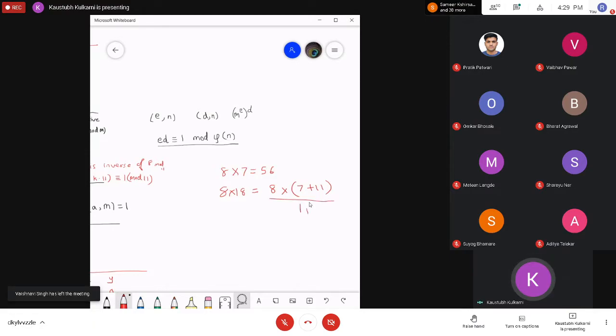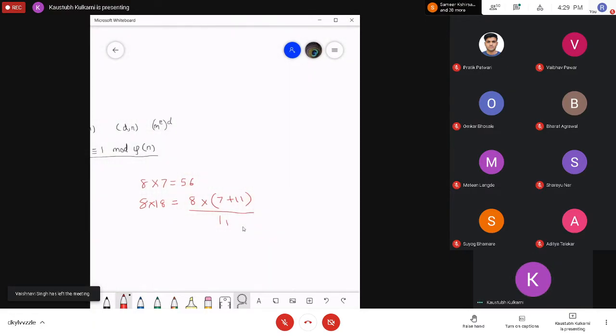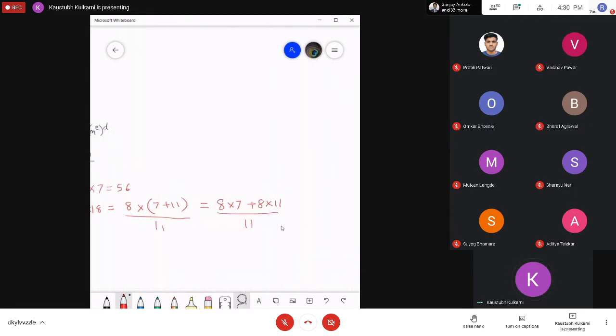So it will be 8 into 7 plus 8 into 11 divided by 11. Okay. So this part, 8 into 7 divided by 11 plus 8. Okay. Now this will not affect the remainder.